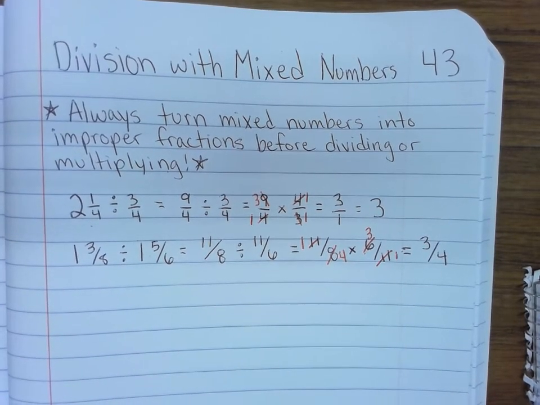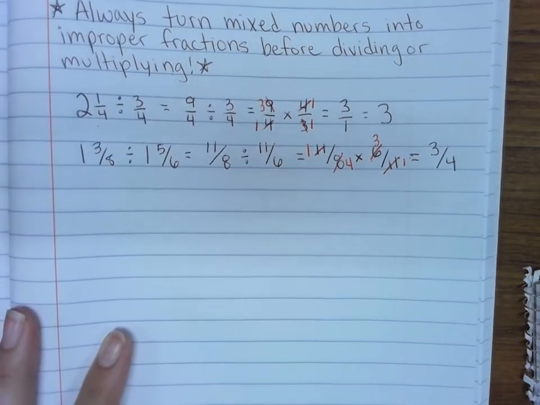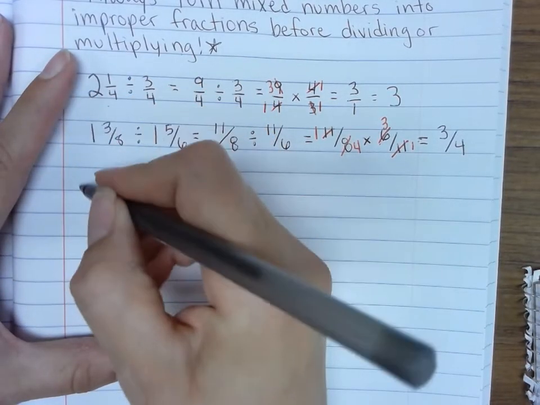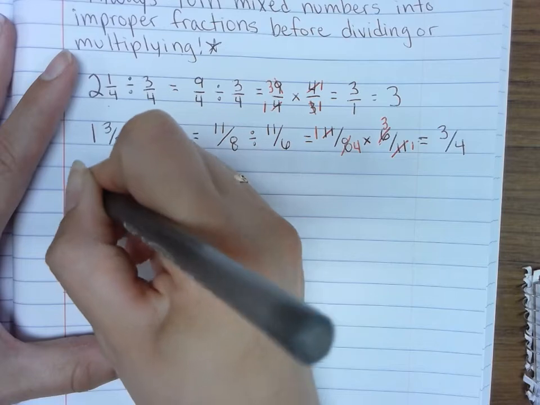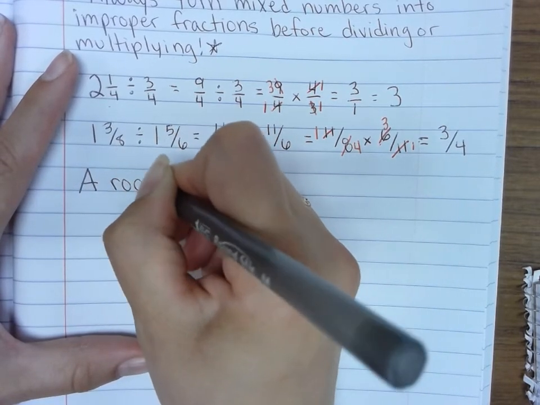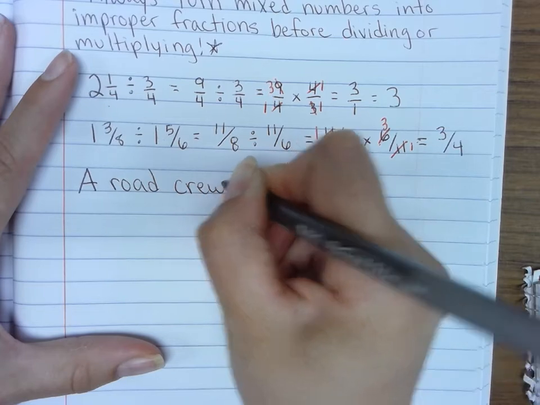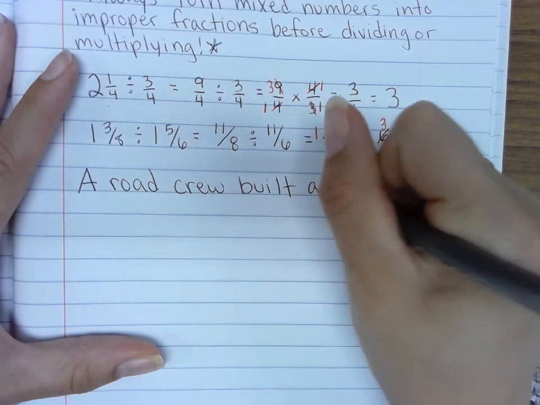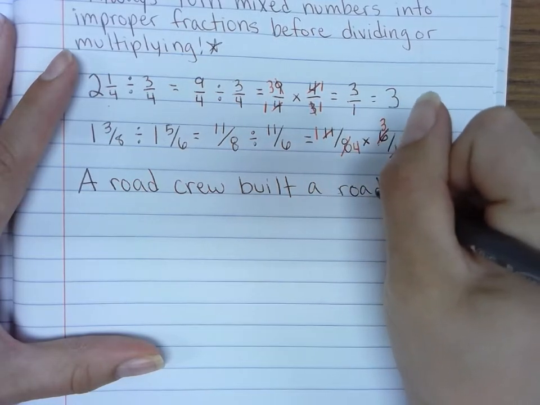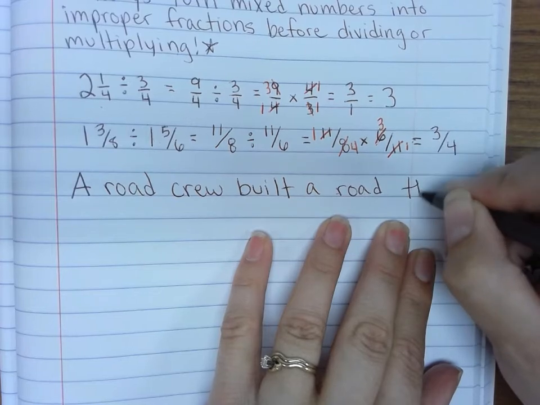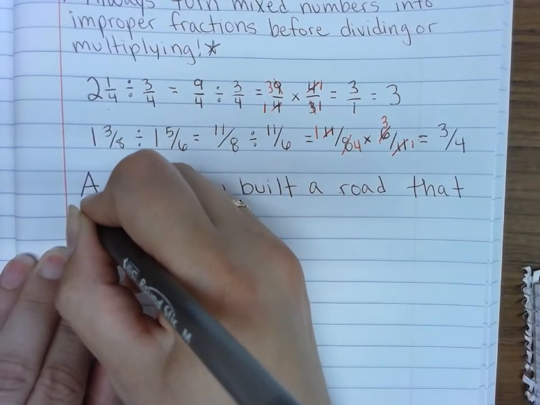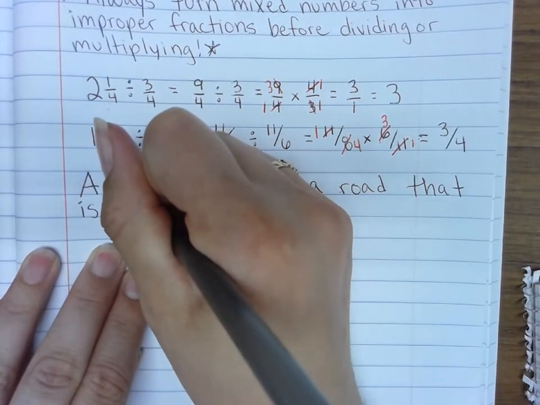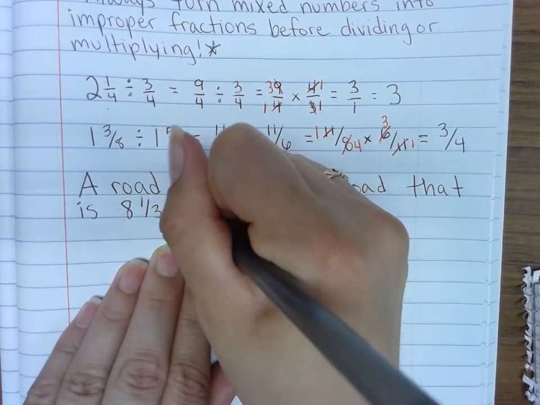So one story problem, where in the world would you use this in real life? Skip one line. Alright, here's an example of where you might use this. A road crew built a road that is 8 1/3 miles long.